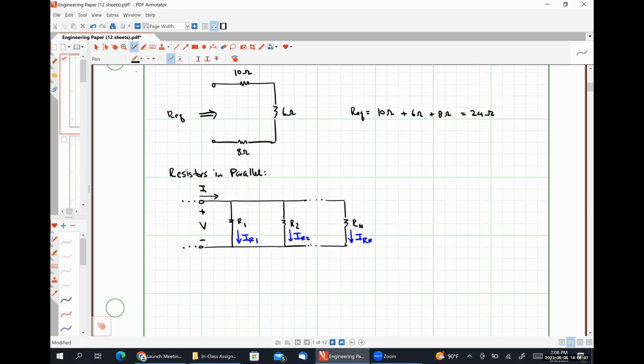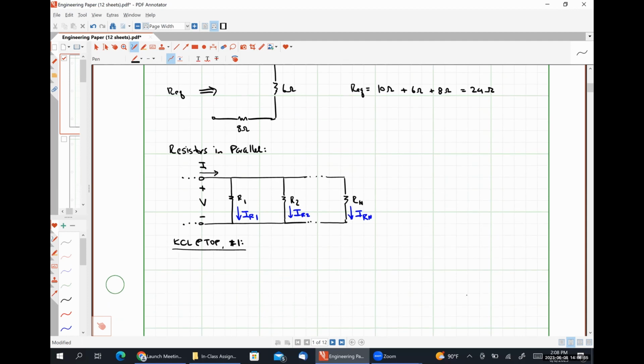So if we apply KCL at the top node and use formulation number 1, currents flowing in equal current flowing out, what we'll find is that I, our total current entering our resistor network, is simply the sum of IR1 plus IR2 all the way out to IRN.